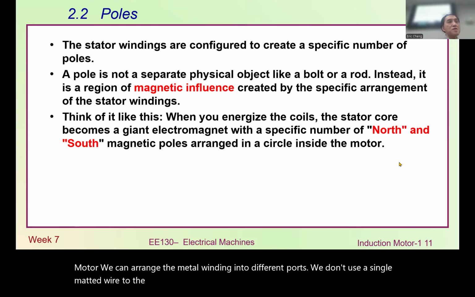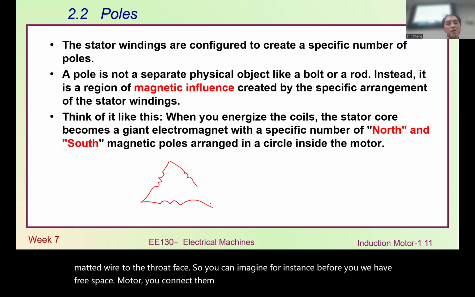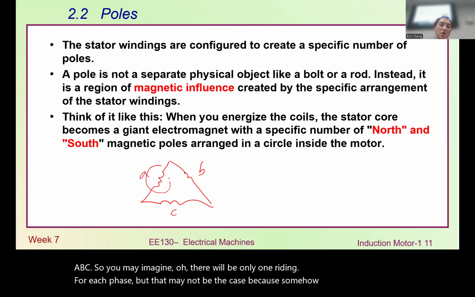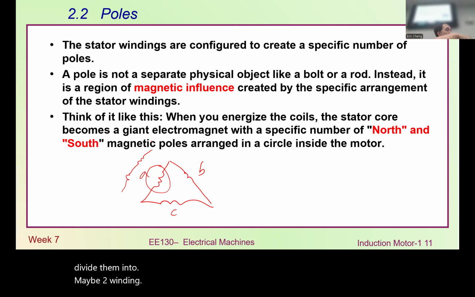So you can imagine, for instance, before we have a three-phase motor, you can connect them into three phases, A, B, C. You may imagine there will be only one winding for each phase, but that may not be the case, because we can divide each of them into maybe two windings in the circumference of the stator. So in this case, that will become two windings for each one.